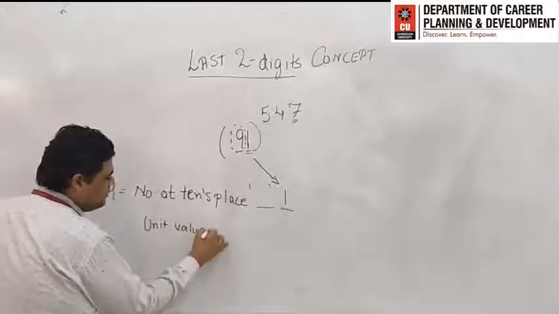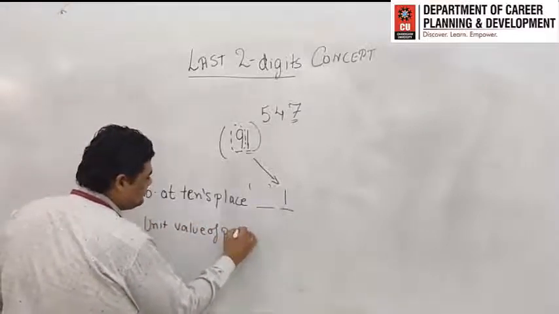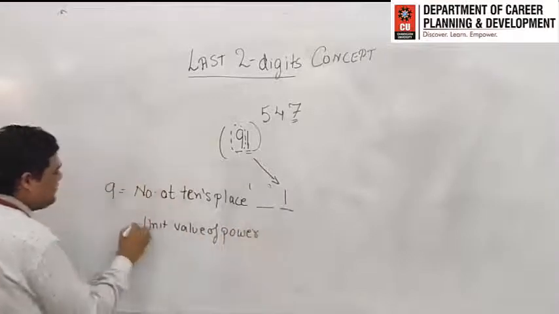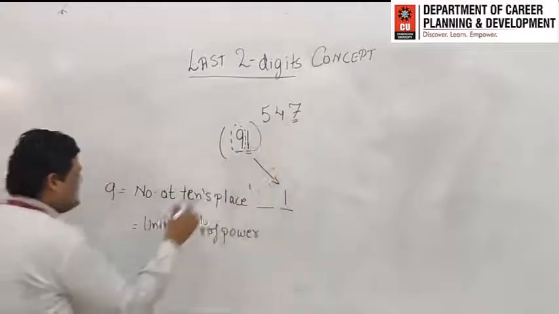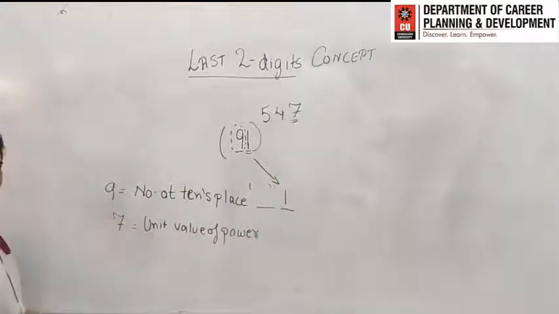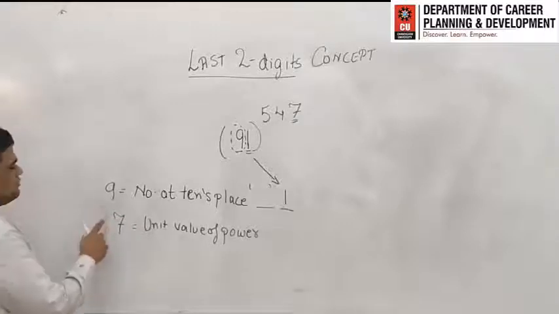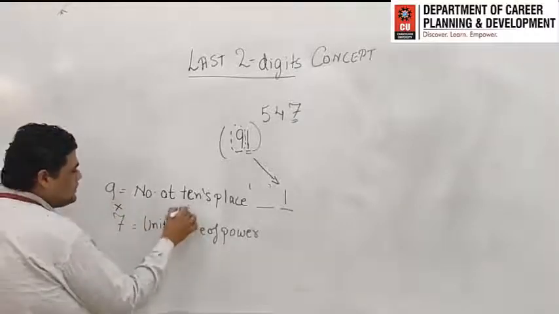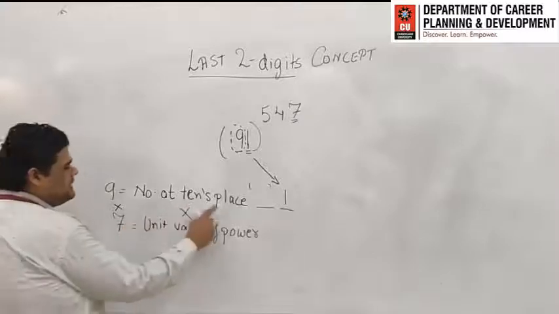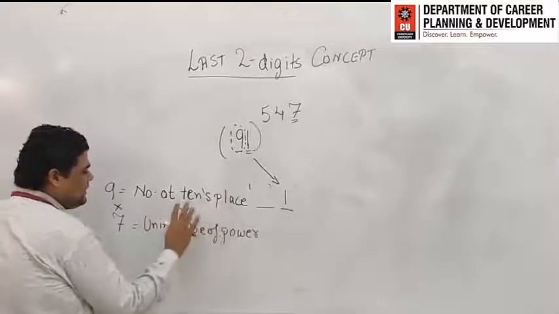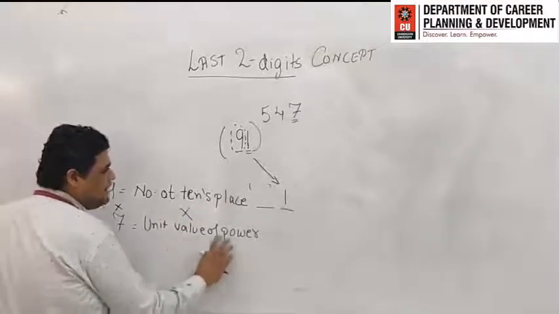Here it is 7. We just have to multiply these two values: the number at the tens place multiplied by the unit value of the power.